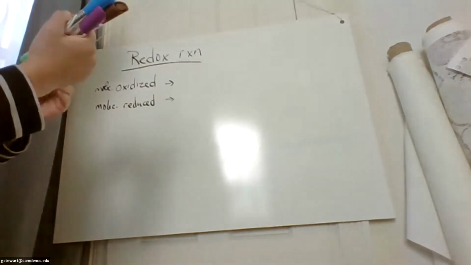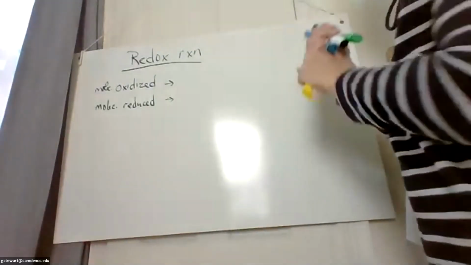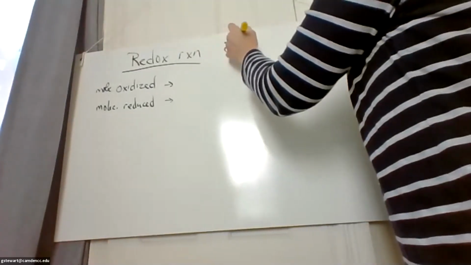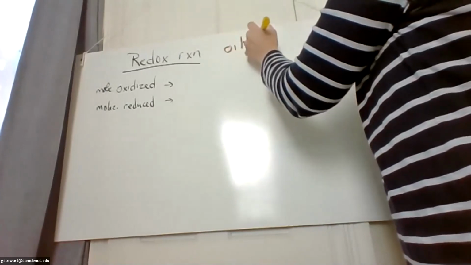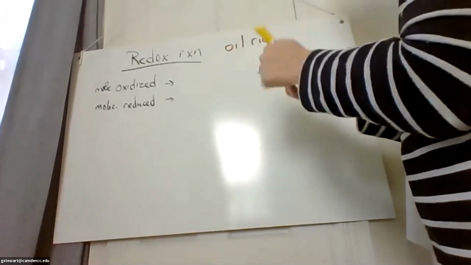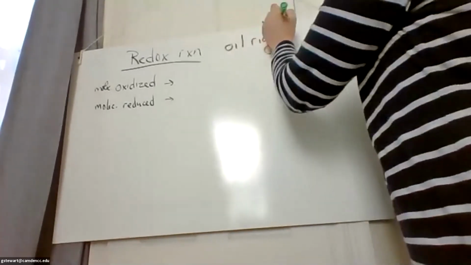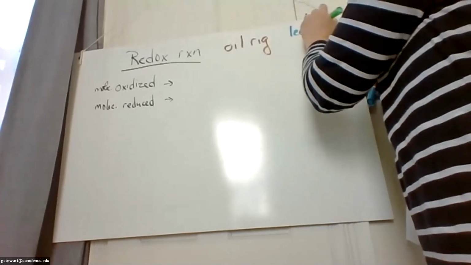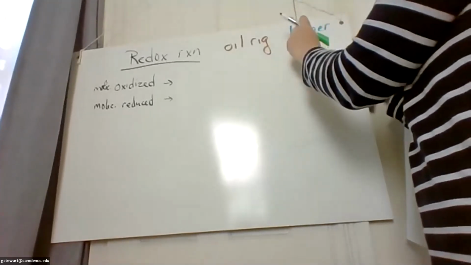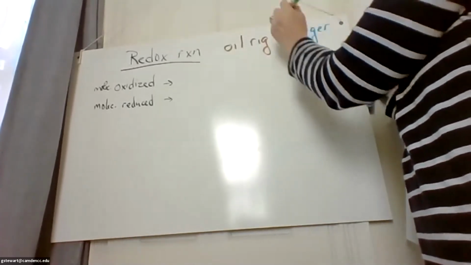I remember it differently than what my children told me about this little device to help remember that. Oxidation involves loss, reduction involves gain. Or my other child told me, no, we learned LEO the lion says GER, L-E-O-G-E-R, loss of electrons oxidized, gain of electrons reduced.